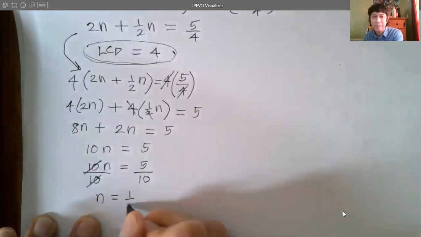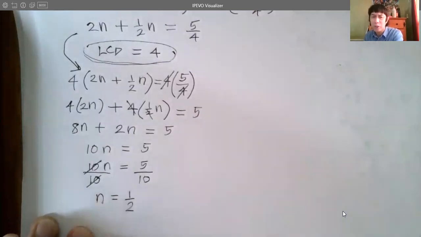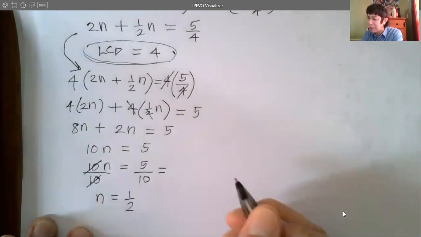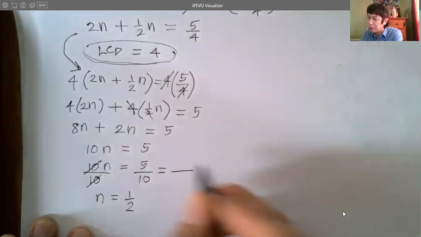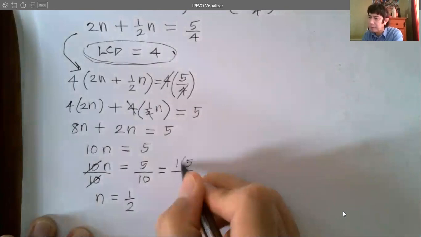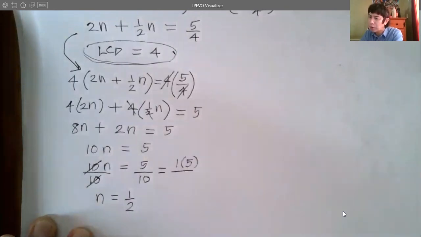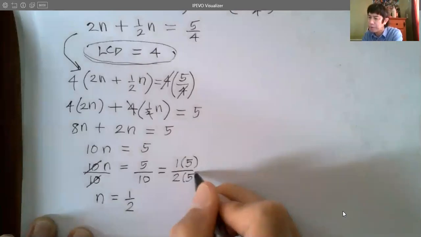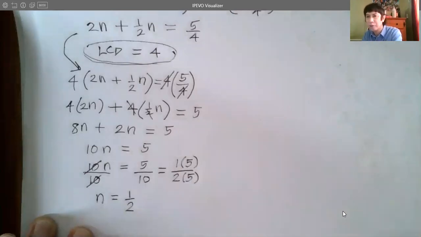There. Okay, I'm going to show you why it's 1/2. Why is 5 over 10 1/2? You see, 5 over 10 is equal to, 5 is 1 times 5, and 10 is 2 times 5. Breaking the numbers to its factors. 5 has factors 1 and 5.